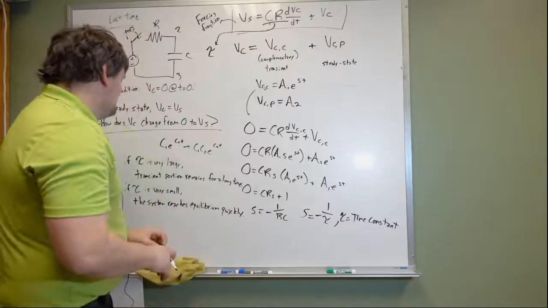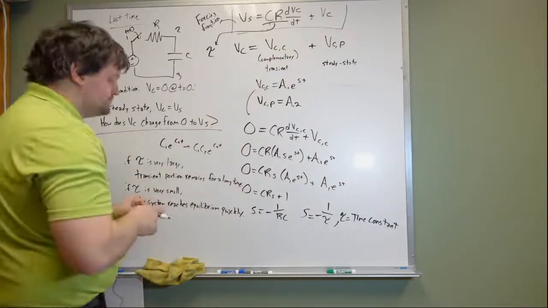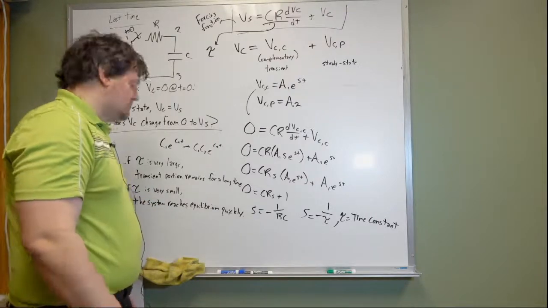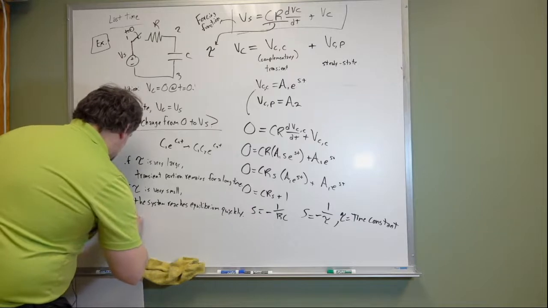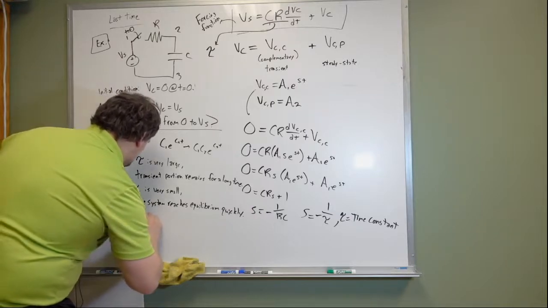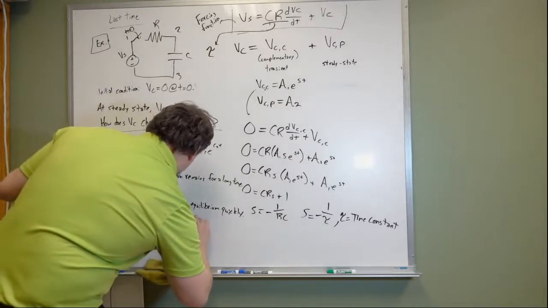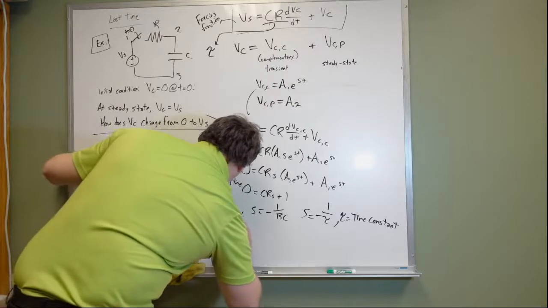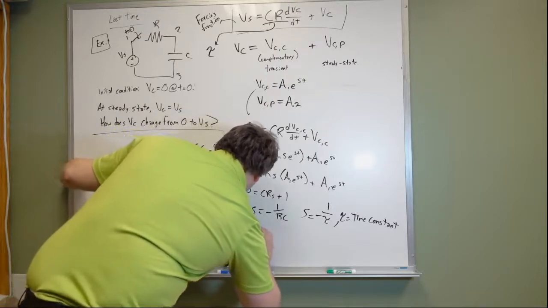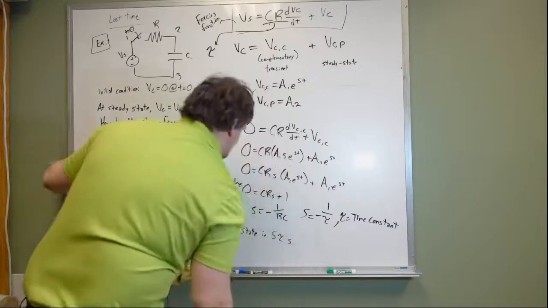Now there is a rule of thumb. And here I'm going to pull up my calculator real quick. The system is assumed to reach steady state in 5 tau seconds.